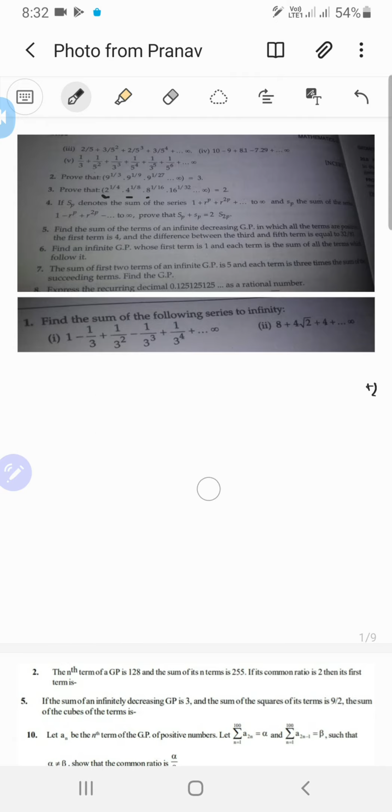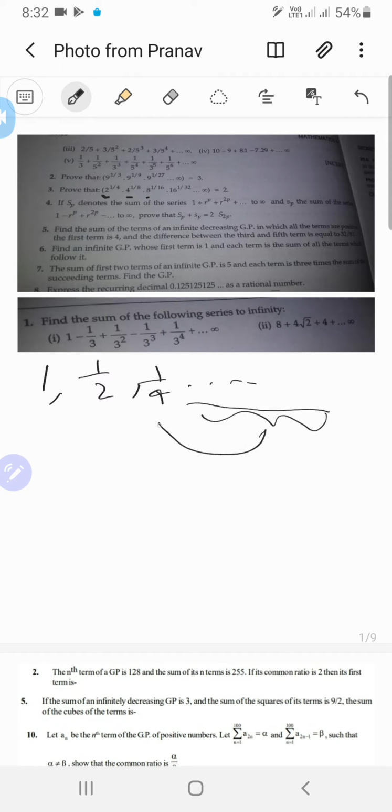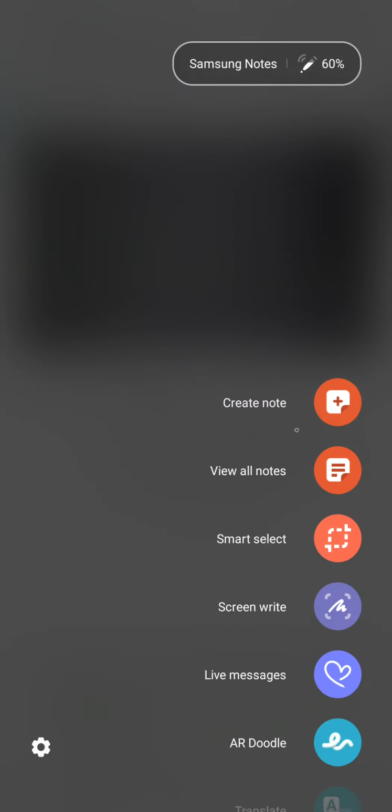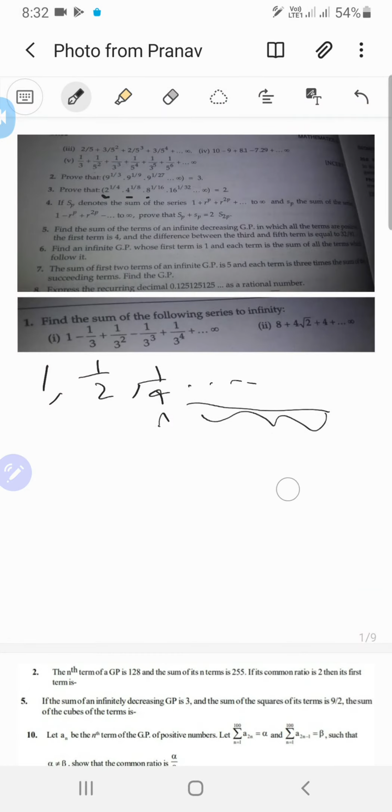So this GP is going to be 1, 1 by 2, 1 by 4, and it keeps going like that. And yes, this does work. Every term is the sum of all the terms which will come next to it. When you add these terms up, you just get this term. When you add these terms up, you just get this term. I mean, yeah, that's nice. Why is this happening?